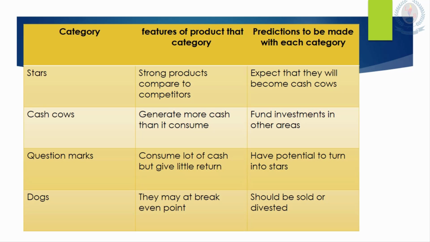What about the predictions which we can make with this category? It means we have the potential to turn these types of products into the star category because their market growth rate is high.